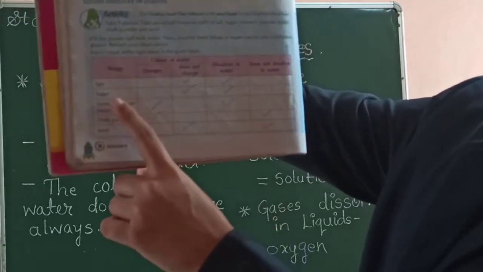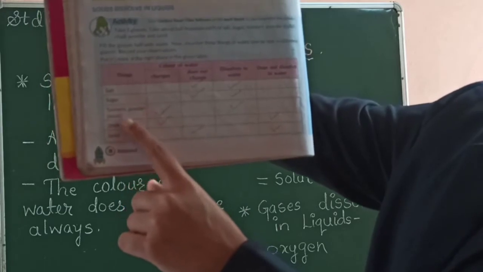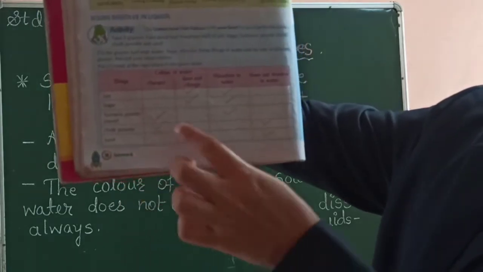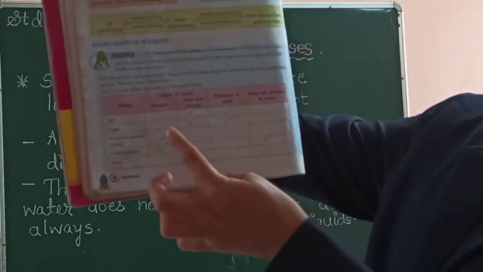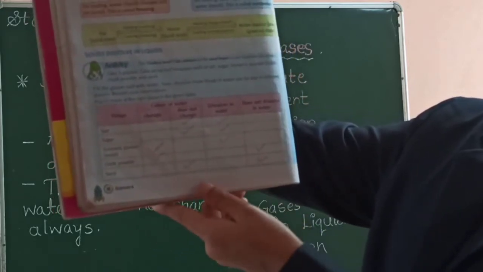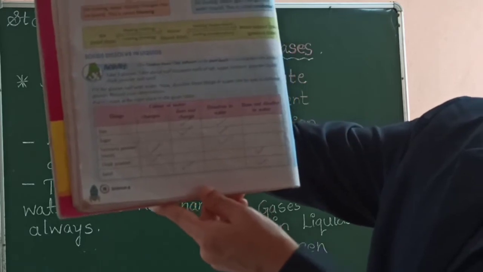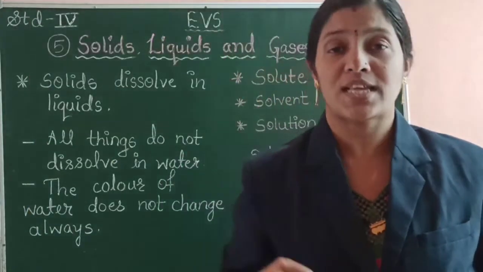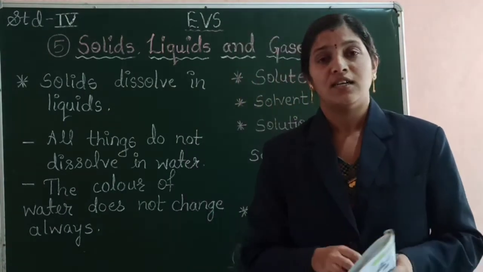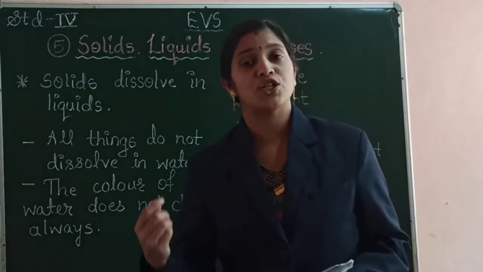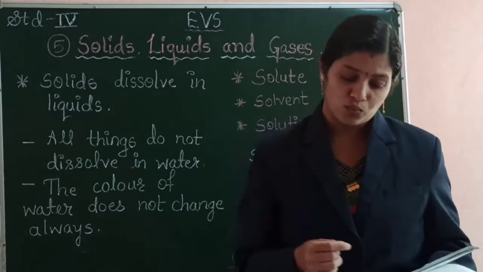The things that you can dissolve in water are given, and also the changes that will take place. You have to tick whether the changes occur or don't occur. Perform this activity on your own and mark the columns with whatever changes happen in the water.